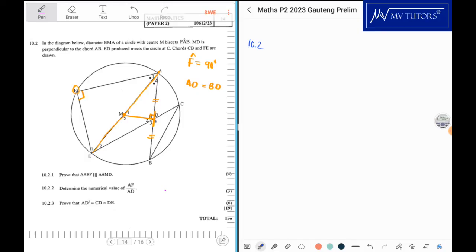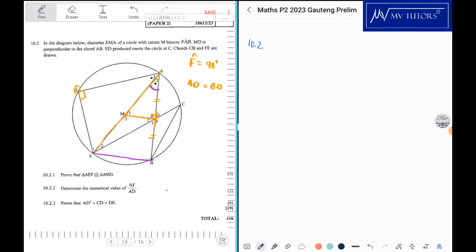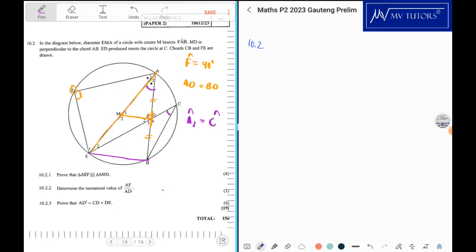But let's just say if we were to draw the chord EB, we would know that A2 is actually equal to C. Like I said, I don't know if we're going to need that, but it's always good just to note it. Or if you were to draw a chord on this side, then we know that E2 would be equal to B.